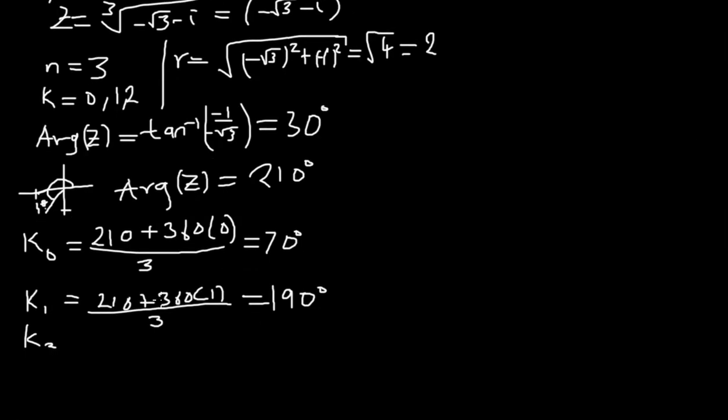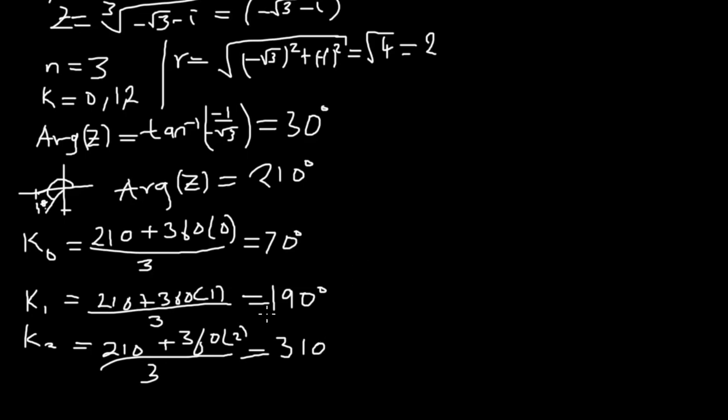So when k is equal to 2, where there is k, you replace with 2. You put 2 there, and then you divide everything by 3. So you get your answer to be 310. So these are going to be your arguments.